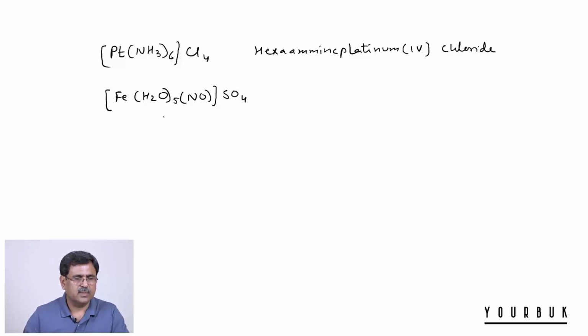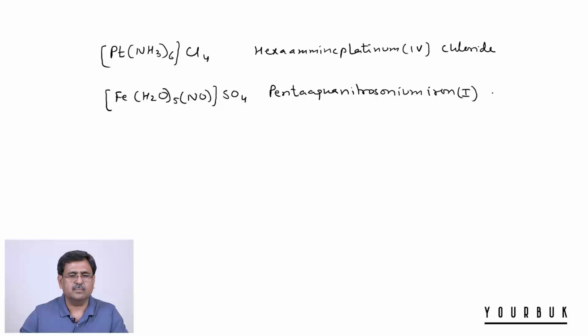One is aqua, H2O, second is nitrosonium, that is NO. So this coordination compound is named as penta aqua nitrosonium iron, that is the name of the metal, followed by its oxidation state in Roman numerals, that is 1, and then we write the name of the anion, sulfate. So penta aqua nitrosonium iron 1 sulfate. This is also the formula for the brown ring obtained when we perform a test for the nitrate ion.